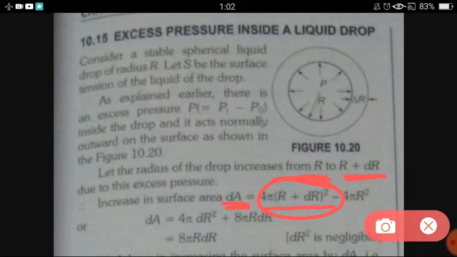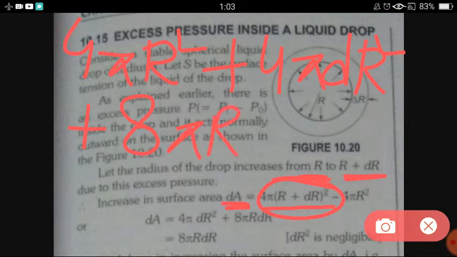We will have 4 pi r square plus 4 pi dr square plus, since 2ab is there, 2r dr, and when we multiply 4 pi to that, it becomes 8 pi r dr. And also we have minus 4 pi r square, so this minus 4 pi r square and that 4 pi r square will cancel.